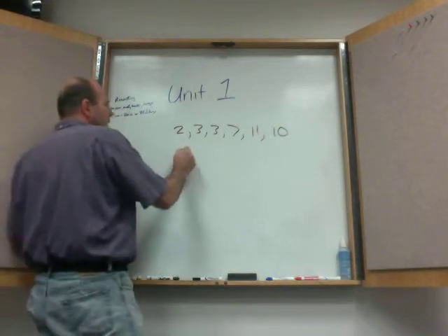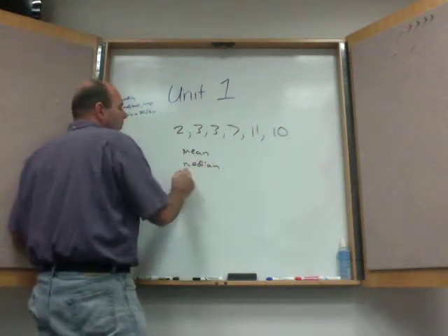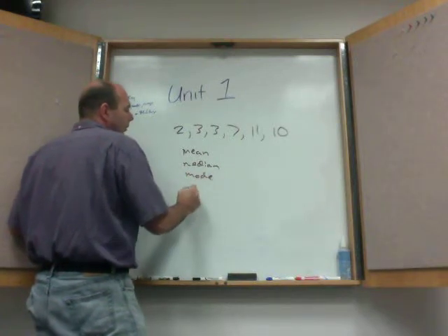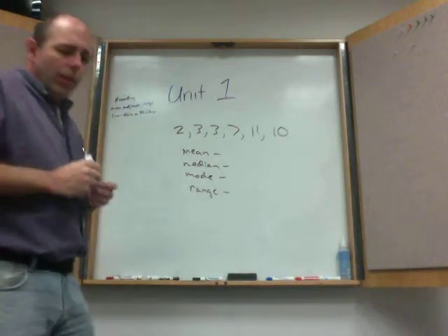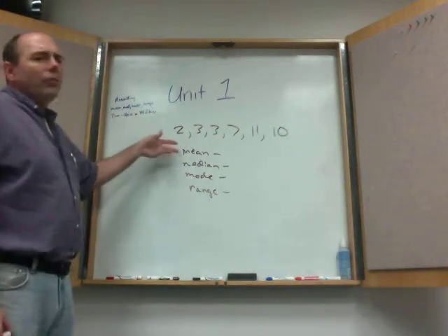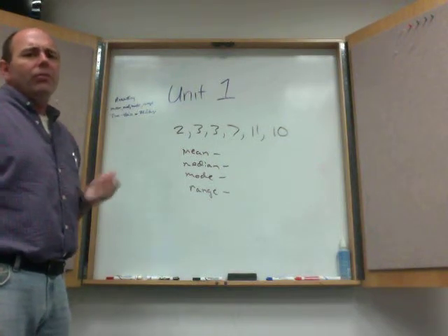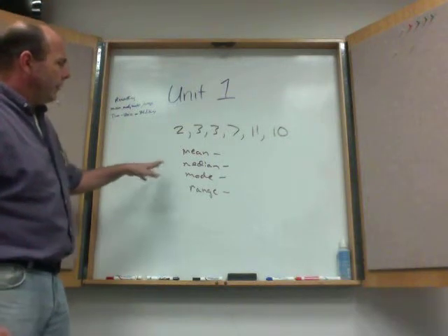We're trying to find the mean, the median, the mode, and the range. When I'm looking at these, I always save the mean for last because it's got the most work to do, and I don't really want to do that so much.